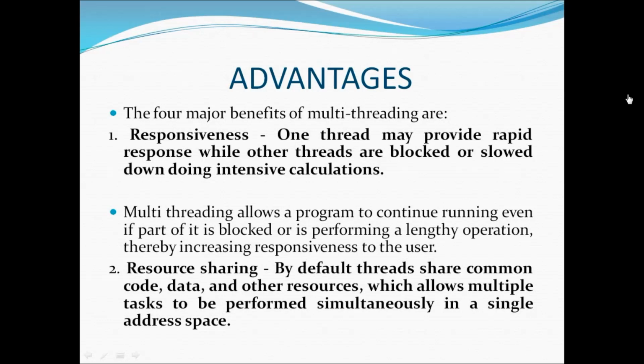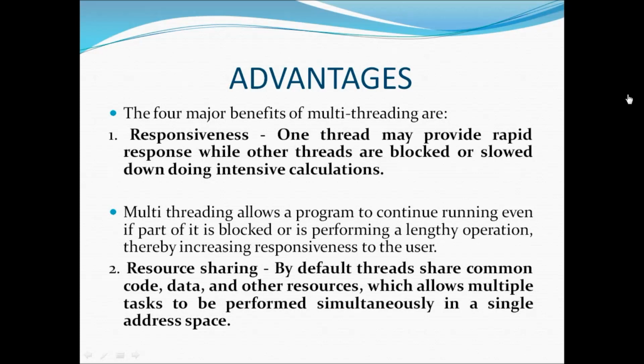Now, advantages. Why do we need multi-threading? Because in a single-threading architecture, if a thread blocks, the process will stop. But we need to do multiple tasks. What is the advantage? The first advantage in multi-threading is responsiveness. For example, one thread may provide rapid response while other threads are blocked or slowed down during intensive calculations. Responsiveness means my task is divided into different subtasks, and each subtask is assigned to a different thread.